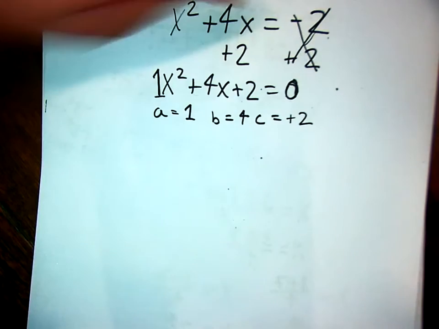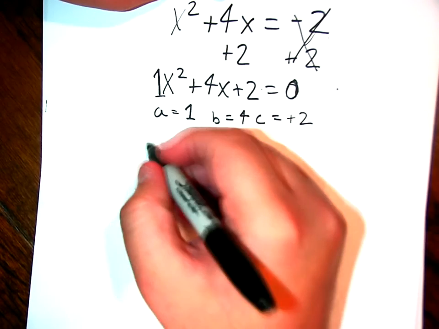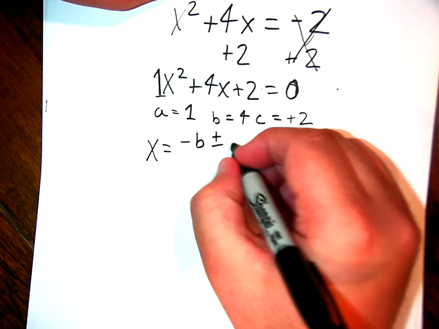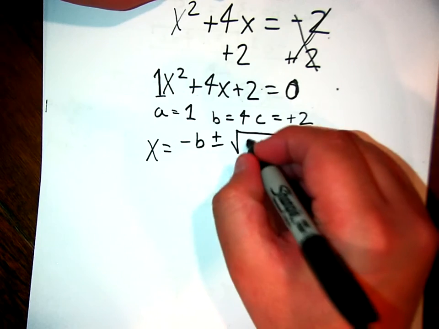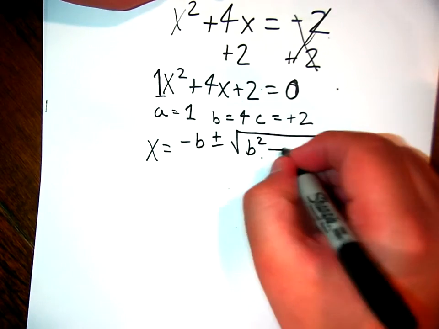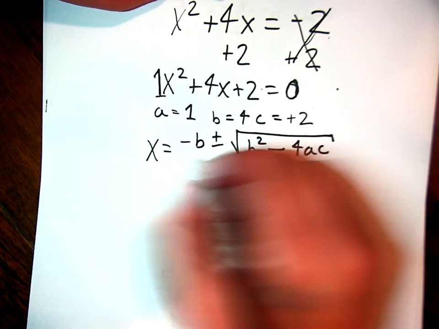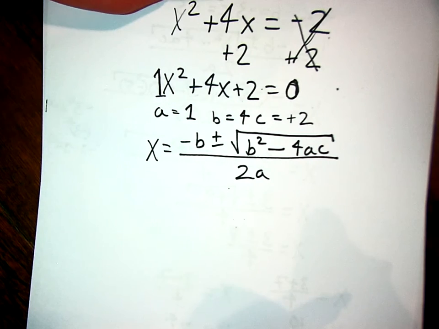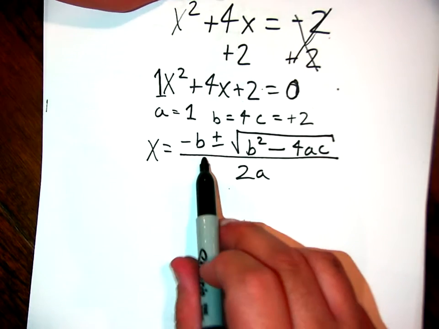All right, let's write down the formula. X equals negative b plus or minus the square root of b squared minus 4ac all over 2a. And now that we have the formula, we can substitute in.